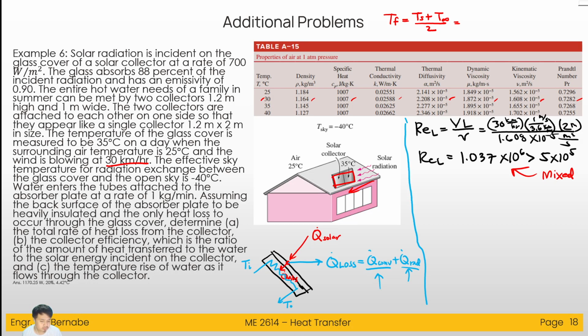We will not use turbulent unless it is specified that it's purely turbulent. It should be mixed, so we have a longer formula for the Nusselt number. The Nusselt number is equal to, let me just check my notes here.